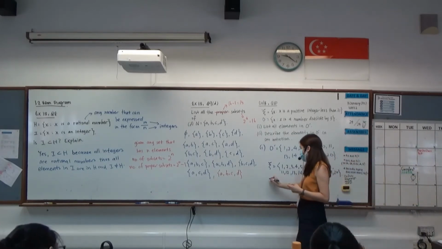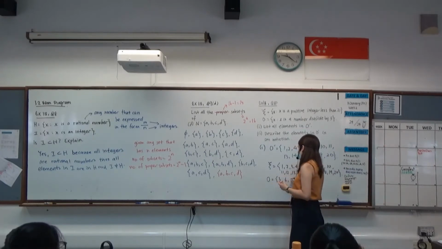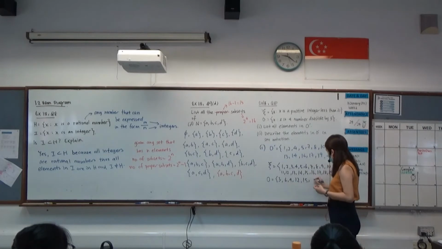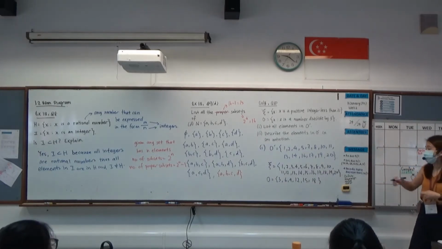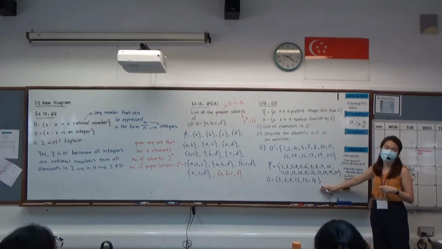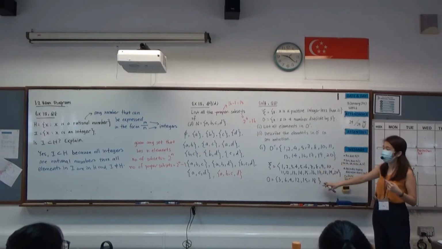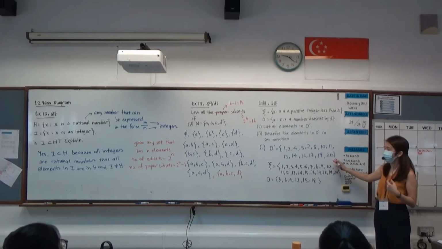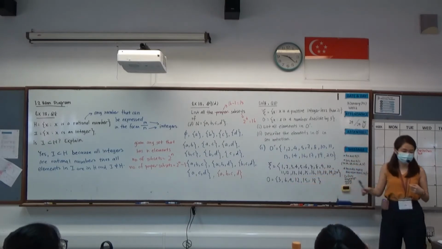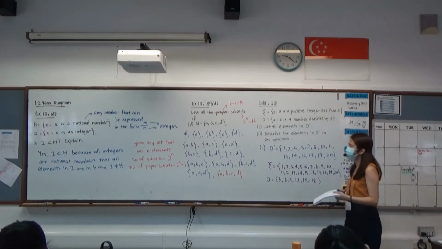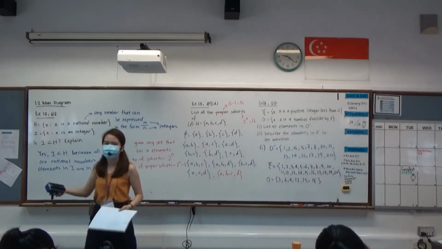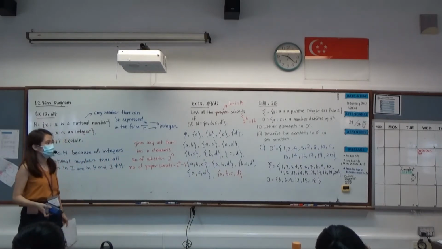Looking at the universal set, that will be 3, 6, 9, 12, 15, 18, and no more. Then after you look at the universal set and the O set, you can know what the elements are that are not in the O set but in the complement set. So those are the things that are not found inside here. Otherwise, if you just try to think and write at the same time for the complement set, you may get lost in it.